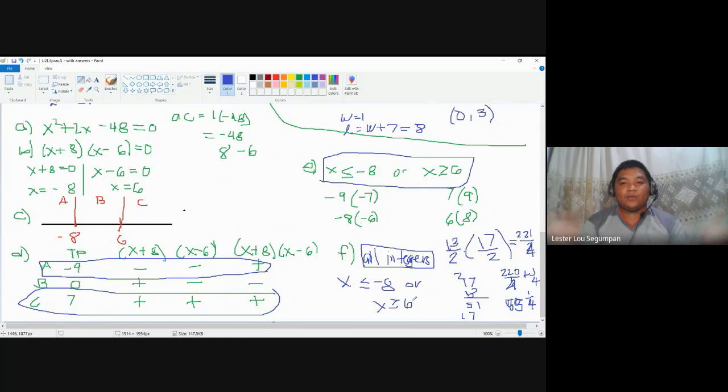We need to place a statement which tells us that they were asking about integers only. That is what will make our answer more correct than letter E here, which also covers the fraction forms. It's still the given range, but we are restricting it to all integers.